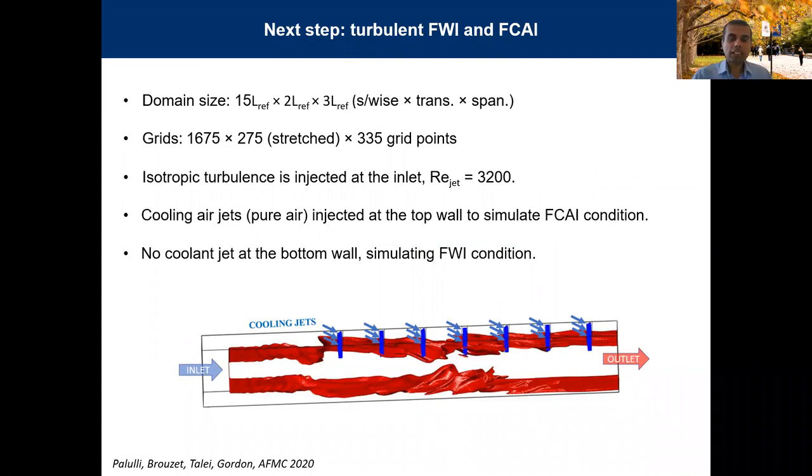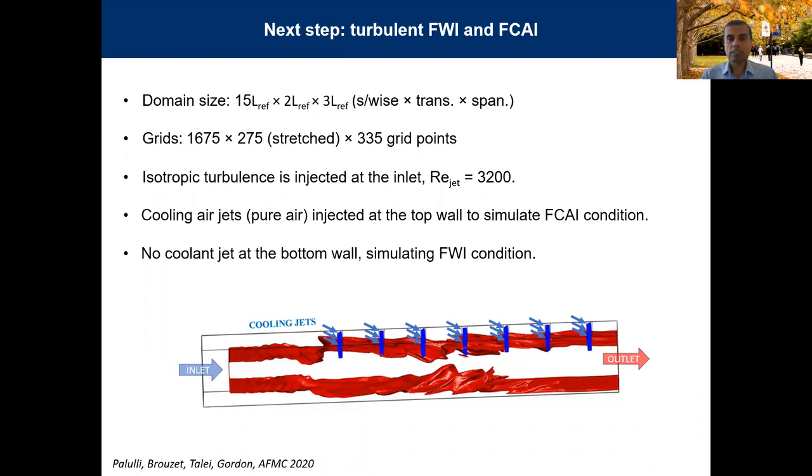Yeah, that's an excellent question. In the conditions we have simulated, we don't see any local extinction. What we see is that the cooling air basically pushes the flame surface a bit lower. But we did some 2D simulations, and if you push it really hard, you can actually see extinction events happening.